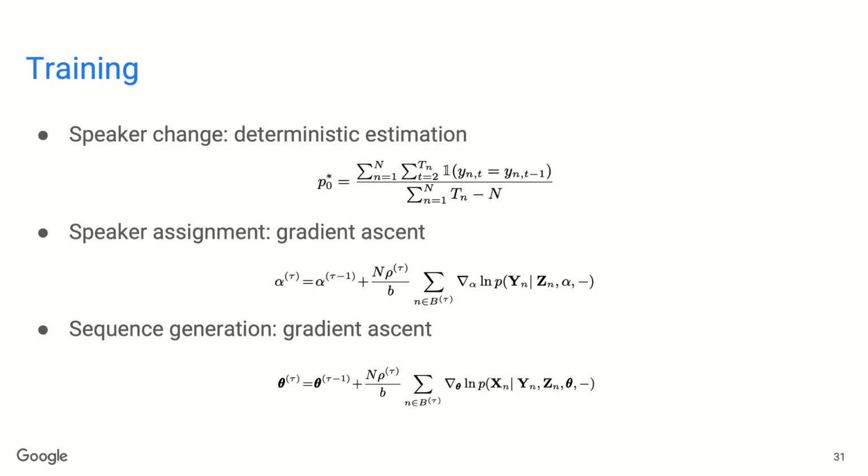For the speaker change, P0 can be estimated independently and deterministically using just the speaker labels. The other parameters, like the alpha for the Chinese restaurant process and the GRU parameters, can be learned by gradient ascent. You may ask why it's gradient ascent, not gradient descent. Well, it's because we are maximizing probabilities, not minimizing a loss function.